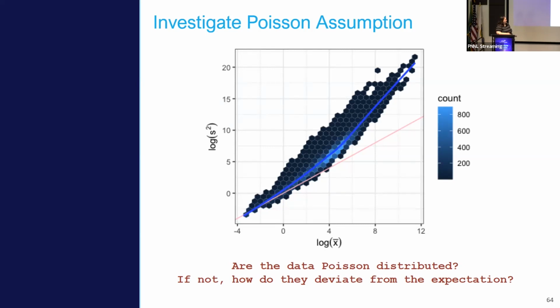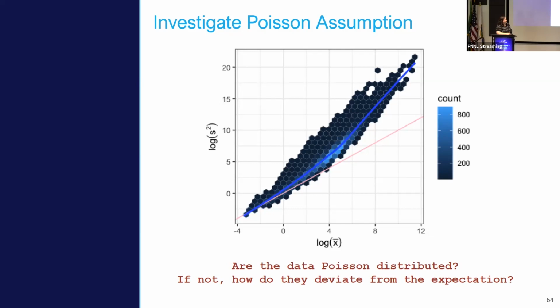And this is the log mean count where we've added some small number to everybody, so we're not taking the log of 0. We can also compute the log variance of each gene. So if we were still talking about something that could be assumed to follow a Poisson distribution, it should follow this straight pink line.